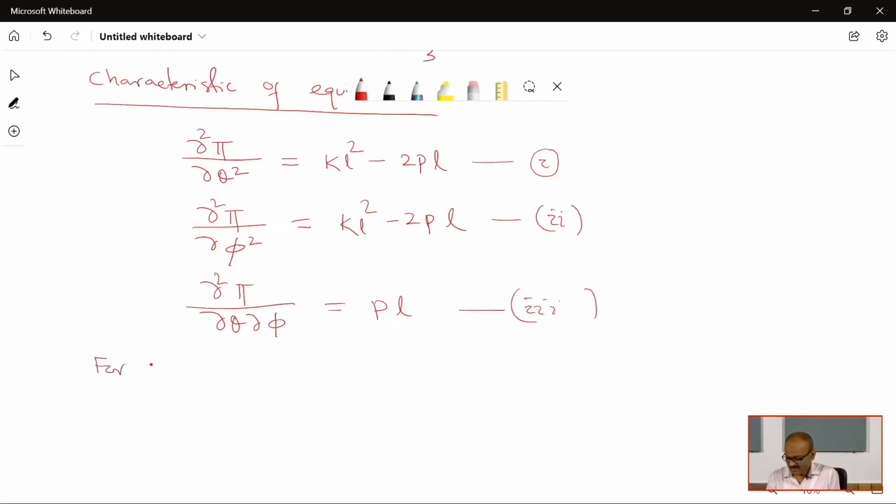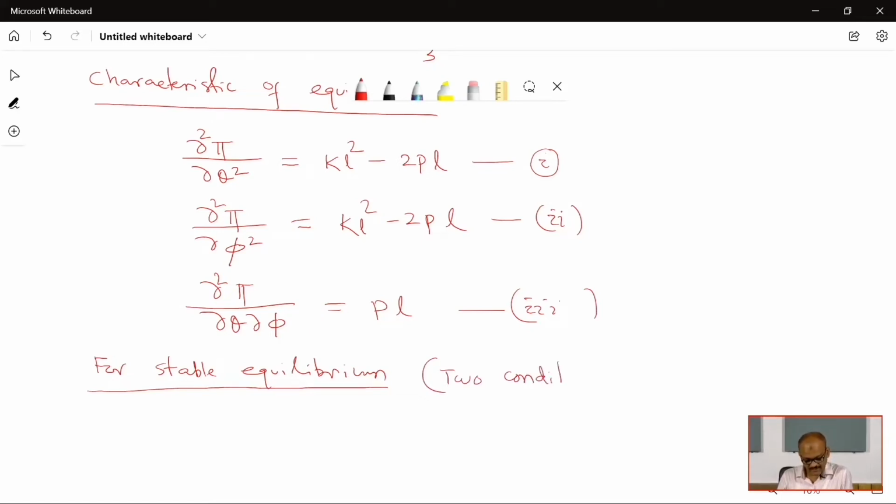For stable equilibrium, there are two conditions to be satisfied.